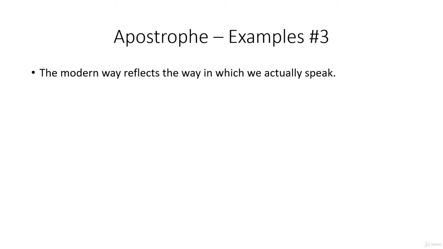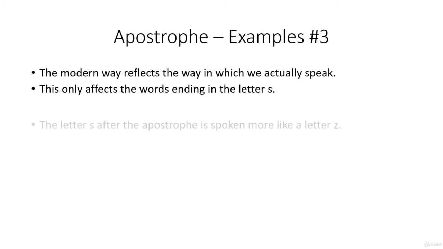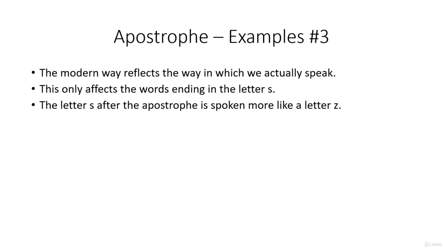However, the modern way reflects the way we speak. And this only affects words ending in the letter S. So the letter S after the apostrophe is spoken more like a letter Z. So we would write apostrophe S even though it ends with an S and say, that is Thomas's comic.